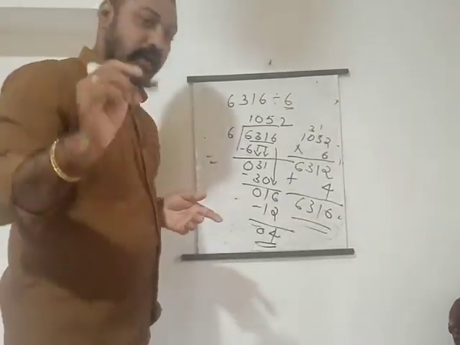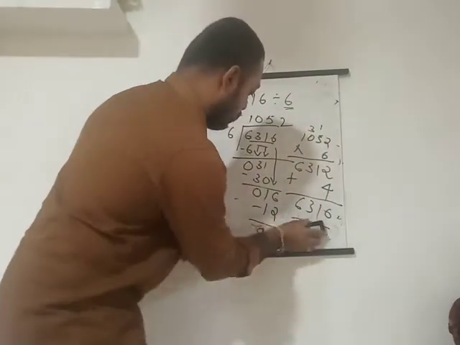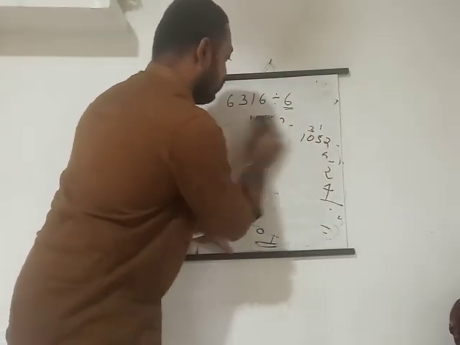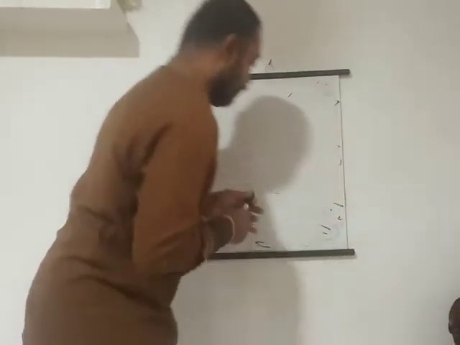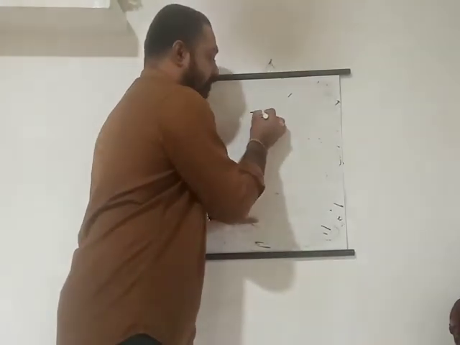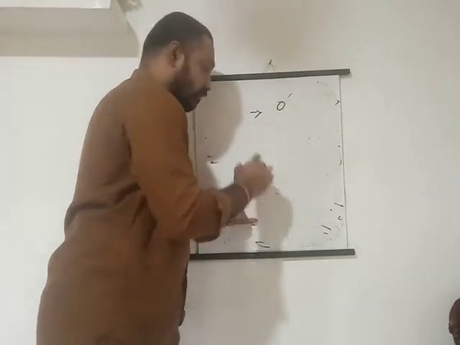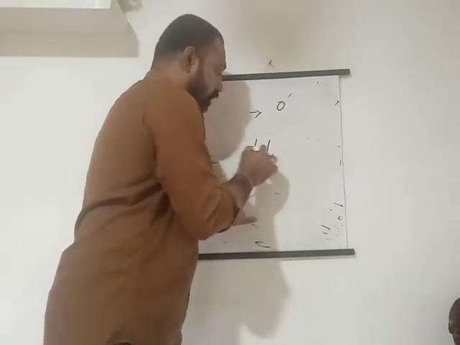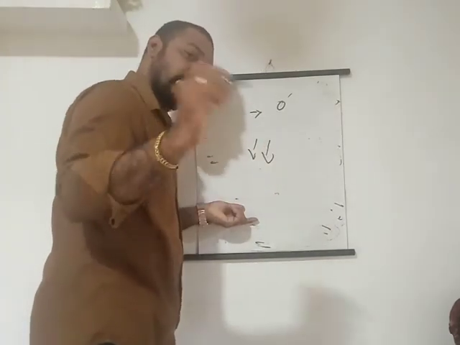And one more thing I have to say, when you do the division: I told you the condition when we put 0 in the quotient. When two numbers come down together, that time you have to put 0. And one more condition is there.